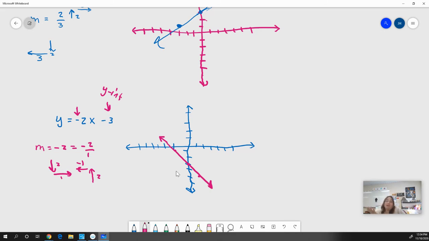Well, yeah, you know it's got to go in the negative direction, right? So as long as there's a negative in front of that x, you know it's got to go in this direction. So if you mess up your slope, you'll know.